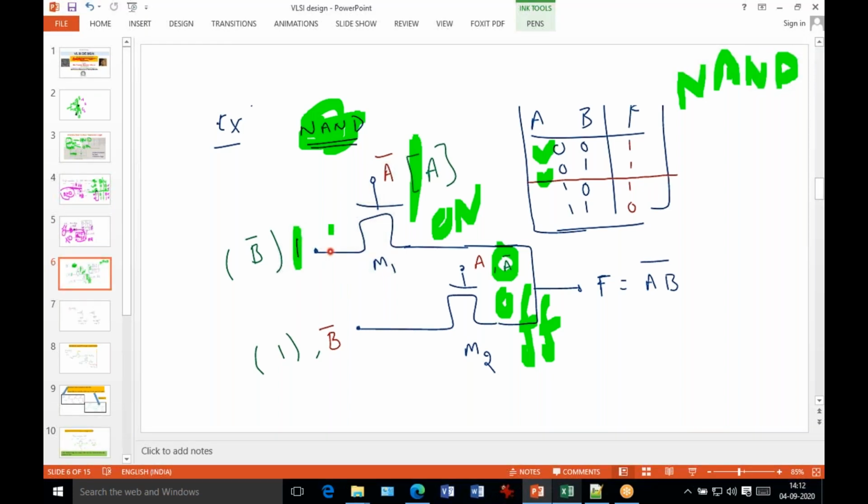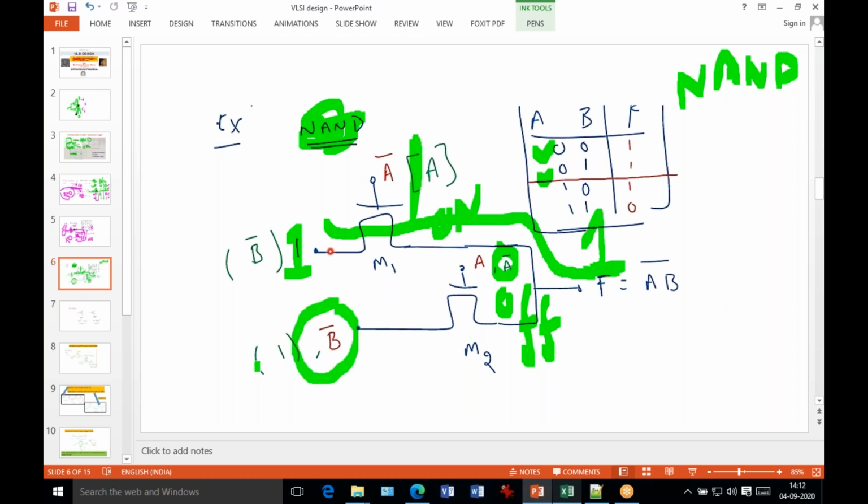If this is on, now your connection is established here. This connection is available here. Now this input is 1. It passes here. So now this is off, so it is not any control. This is not useful. This is not used in the computation.